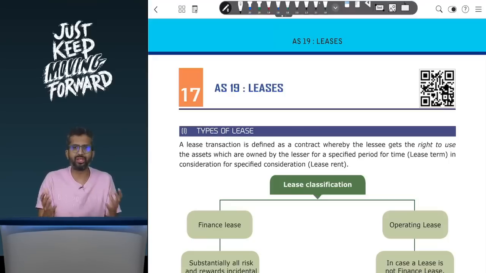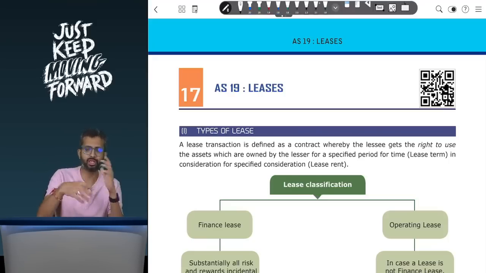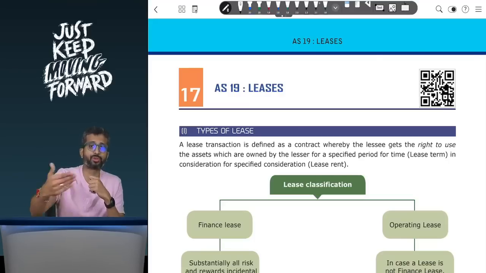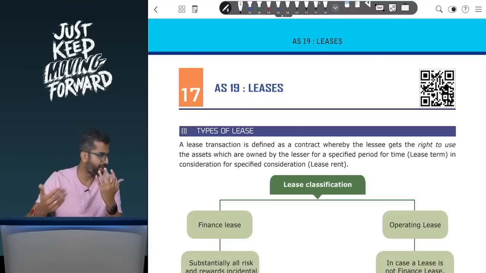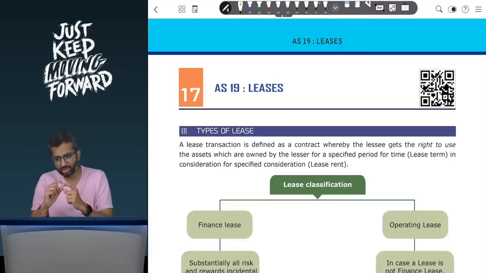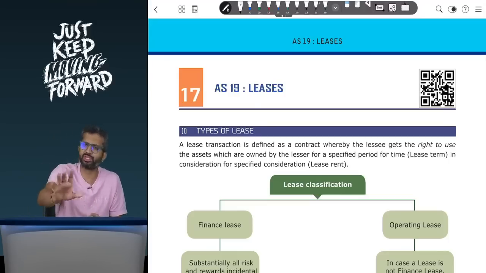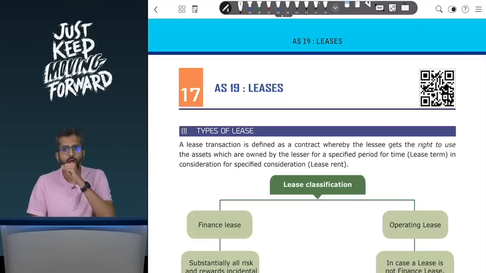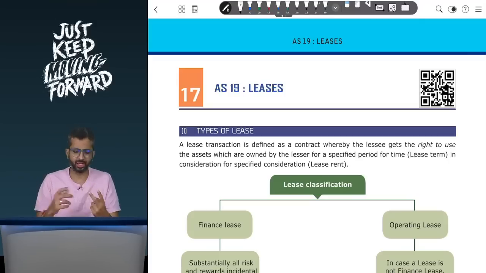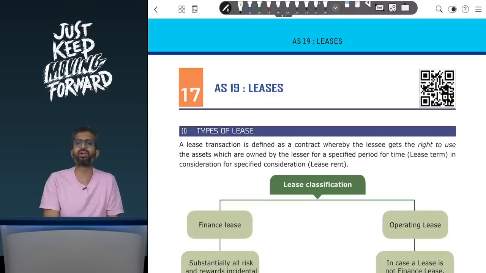Okay, so when is it a finance lease? The standard gives 5 circumstances. First, if the lease has an option to transfer ownership at the end of the lease term. For example, in a hire purchase transaction, there is an option to transfer ownership at the end of the lease term. It is similar to a finance lease. Second, the option to transfer is there at a very reasonable price.